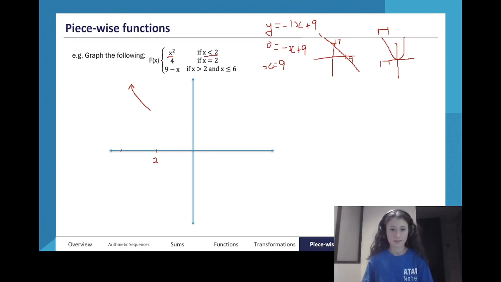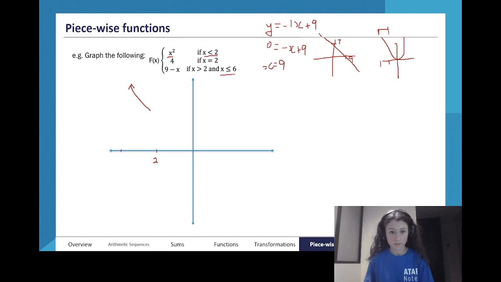So what that tells us is that our curve is never going to get to its x-intercept because we're only graphing it up until x is less than or equal to 6.